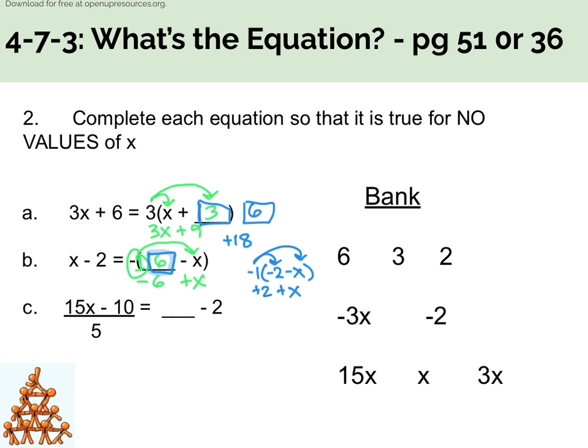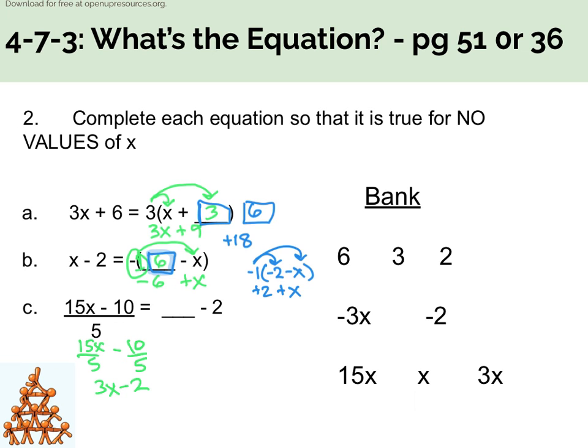All right, let's look at C. So remember, we're going to take the 15x divided by 5, 10 divided by 5. 15x divided by 5 is 3x, 10 divided by 5 is 2. So I need to put a number in there to make it false for both sides.